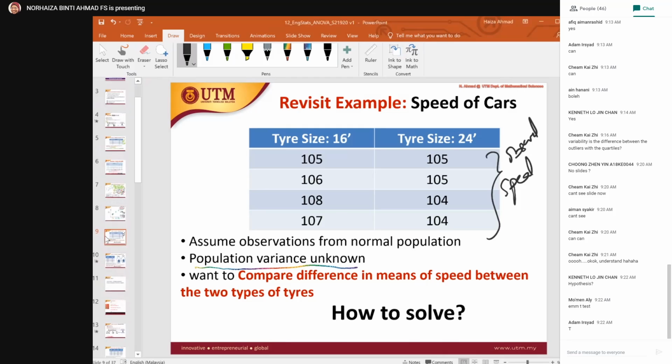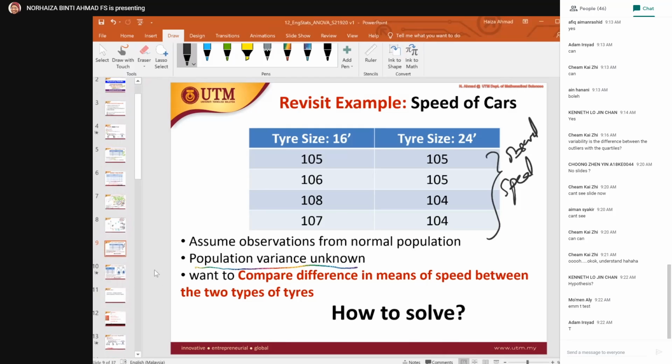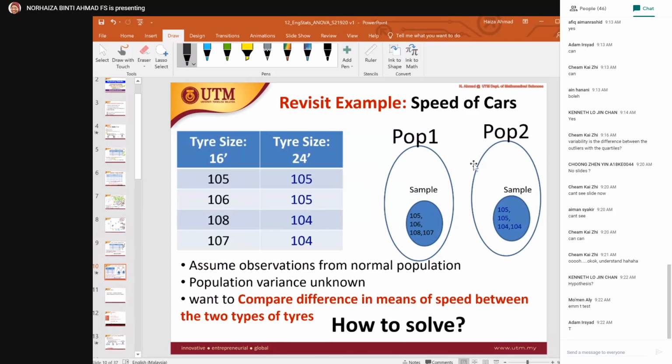So in this case, kalau you nak buat macam ini, that means you can imagine that you have two populations, betul tak? Nampak tak two populations? So ni dah jadi, it looks like the one that we have done before, right? So this is like a two population case. This is your sample.